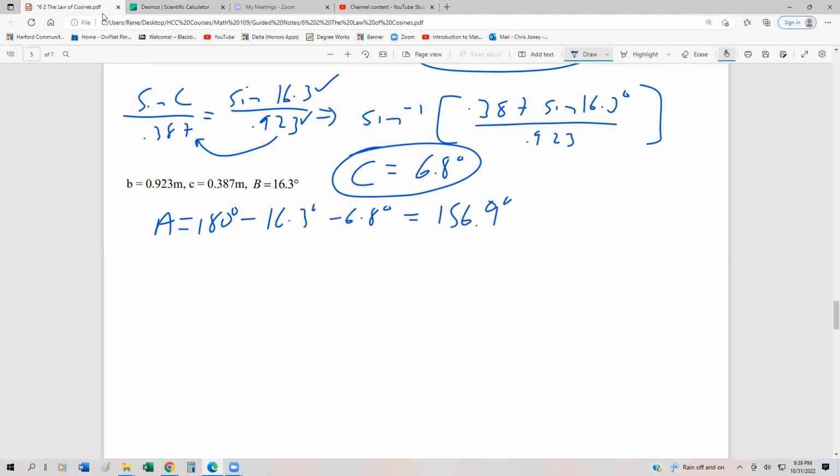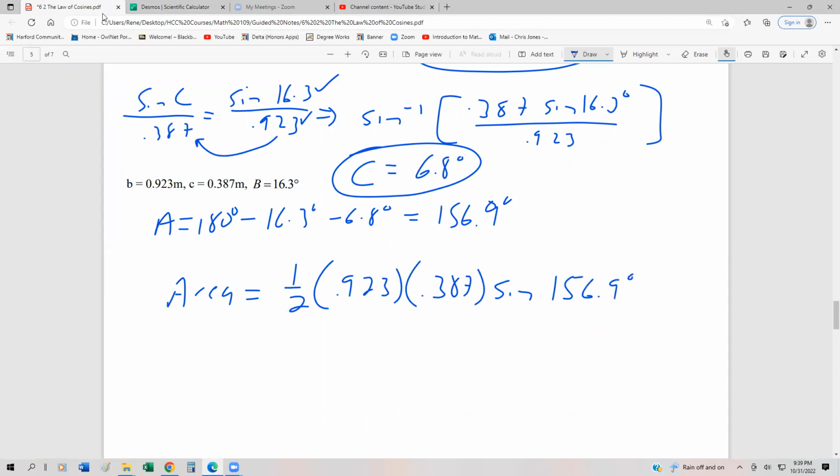Now, finally, we can say that the area is going to be 1/2 times B, which we know to be 0.923, times C, which is 0.387, times the sine of A, which is 156.9 degrees.